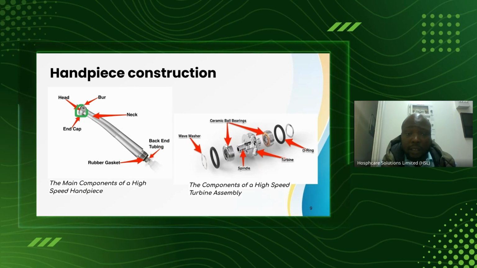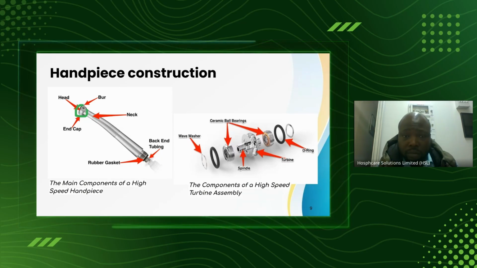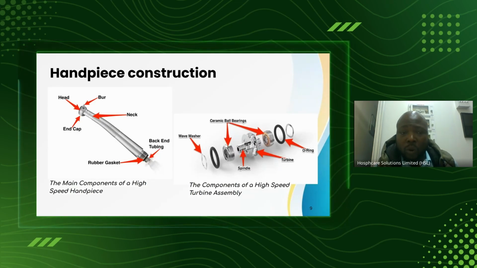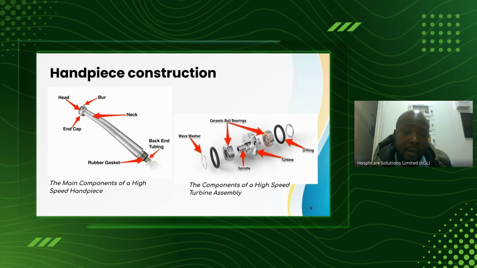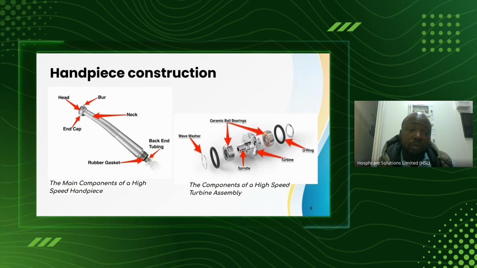So this is the layout of the cartridge. It's broken down into pieces. This is where we have the bearings, with small ball bearings, both anterior and posterior. The 4-hole handpiece has the big holes too, and it has 2 small holes.